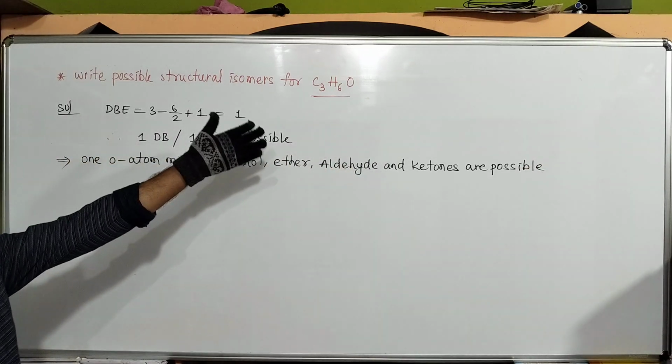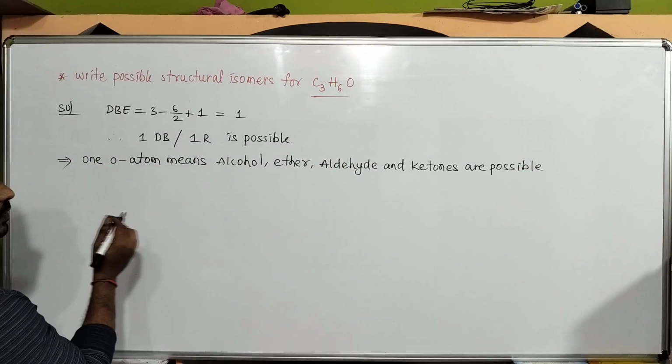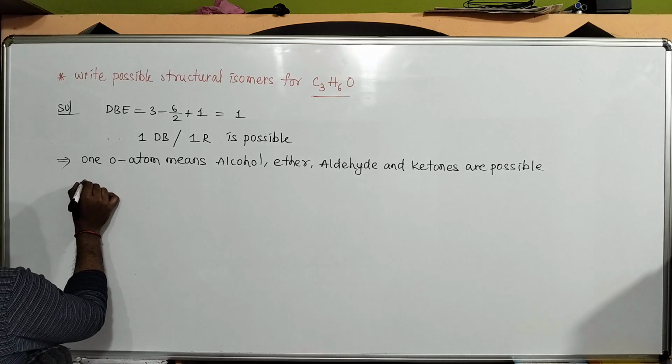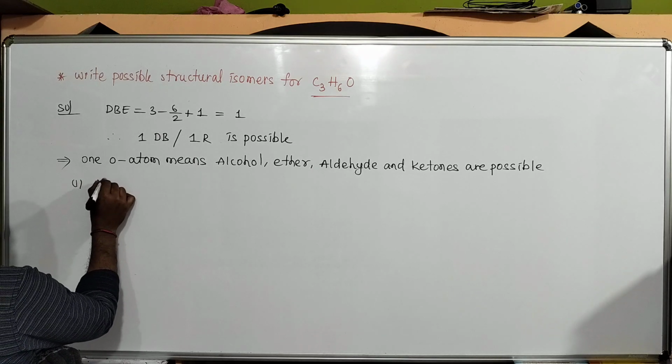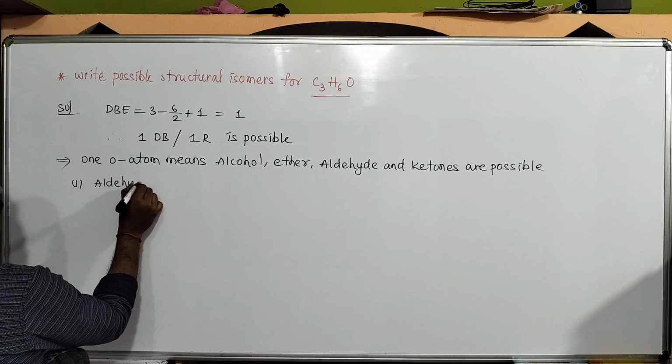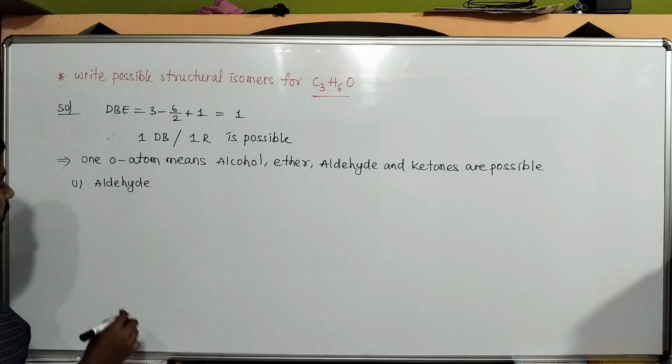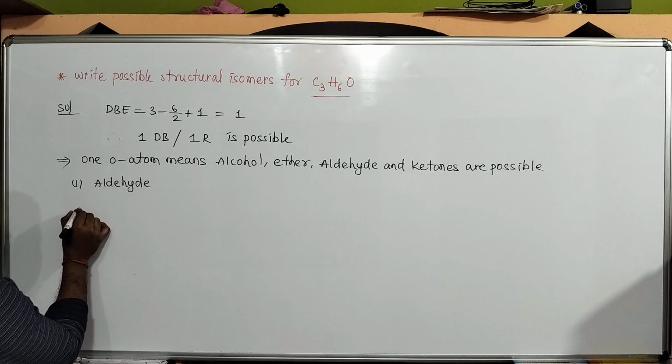One oxygen atom means any one of these 4 possible. First I am taking aldehydes. So aldehydes with one double bond.